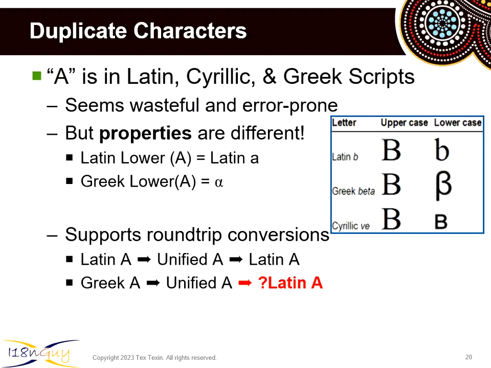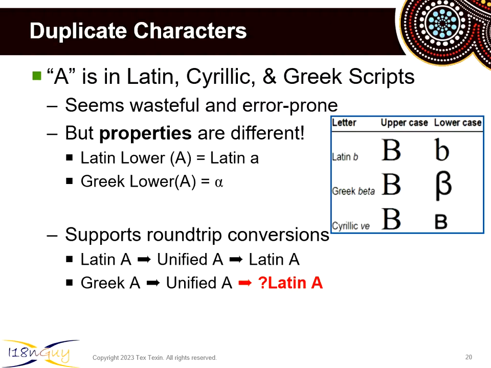And so here we have these three B's, or characters that look like B. And supposing I want to apply casing to it and change the case to lowercase. If I only have Latin B, when I go to lowercase, it's only going to look like this. But in Greek, the beta letter has to go from this character, which looks like a B, to the beta symbol.